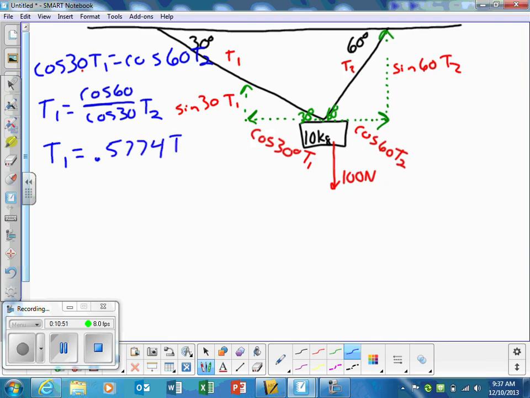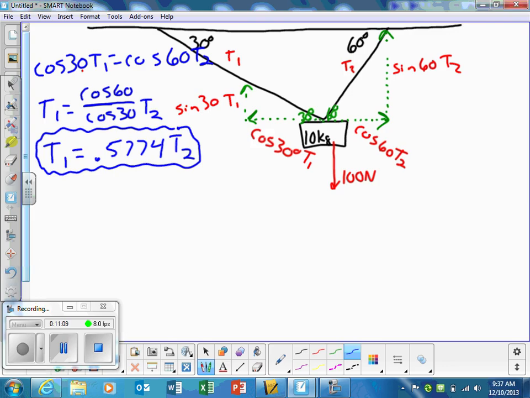0.5774 T2. So now I actually have a definition, and I kind of squiggle important things, because the box for me means my final answer. A squiggle means, hey, I'm going to use this later. So that's the definition for T1 in terms of T2, right?